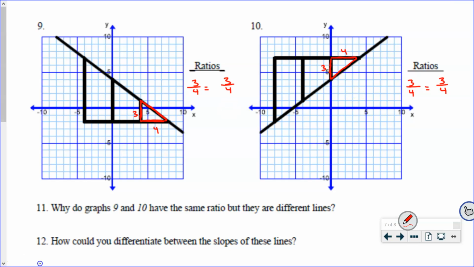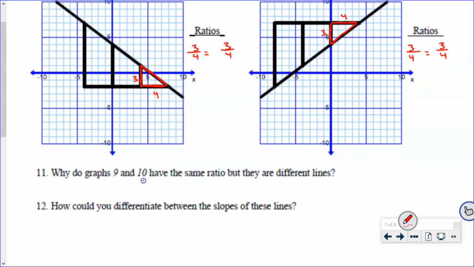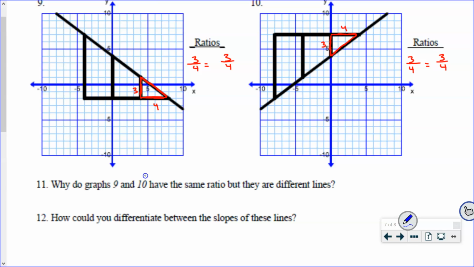Number 11 asks us, why is it that 9 and 10 have the same ratio, but they're different lines? Talk to each other about what's different. Okay, come back to me. Why are they the same ratio, but those lines look very different, don't they?